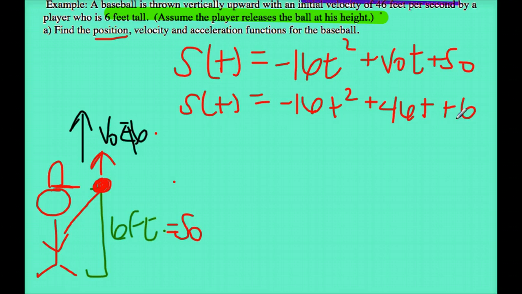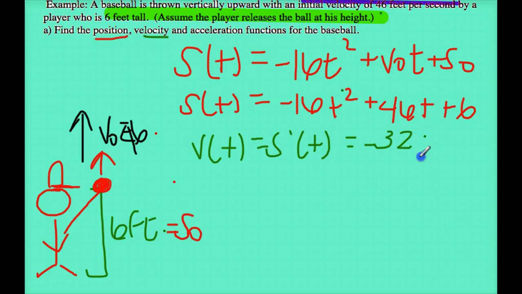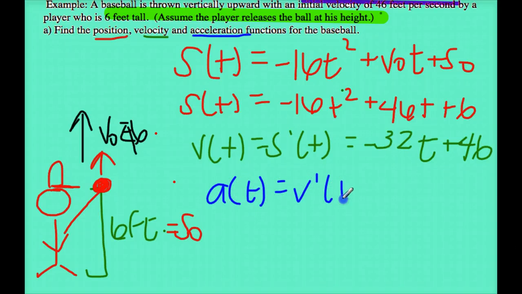So now I've found the equation for position. The next one is to find the velocity. The definition of velocity is the first derivative of position. So I'm going to take the derivative of this function, and that's going to give me negative 32t plus 46. Good. And finally, it says find the acceleration. The acceleration is the derivative of the velocity, which is equal to negative 32. So that's part A.